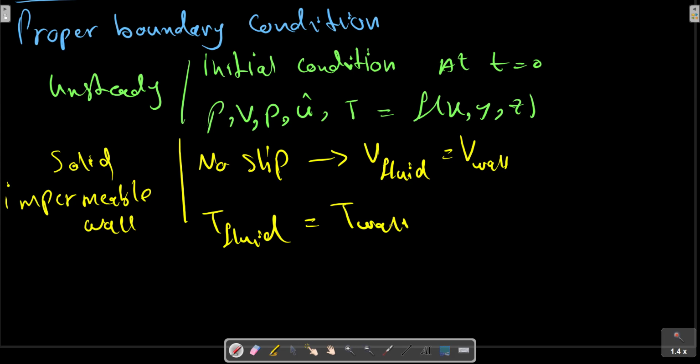The only exception to these boundaries occurs in an extremely rarefied gas flow, where slippage can be present.